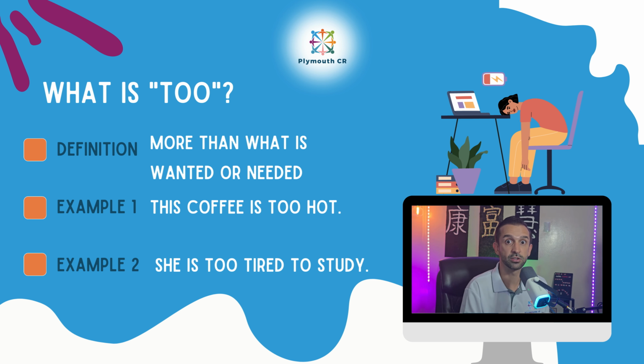So the first example, we have more examples in the next slide. It says, this coffee is too hot. So it's way hotter than I can handle. So probably I won't be able to drink it because it's too hot, okay? And then the other example is, she's too tired to study. In this case, what we mean is that the level of tiredness that she has is excessive, is way more than she can handle, so she's not able to study.